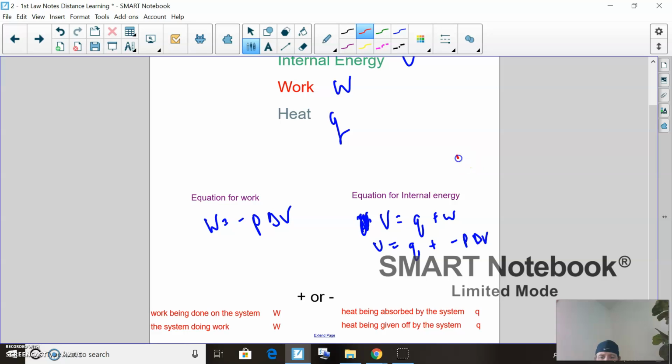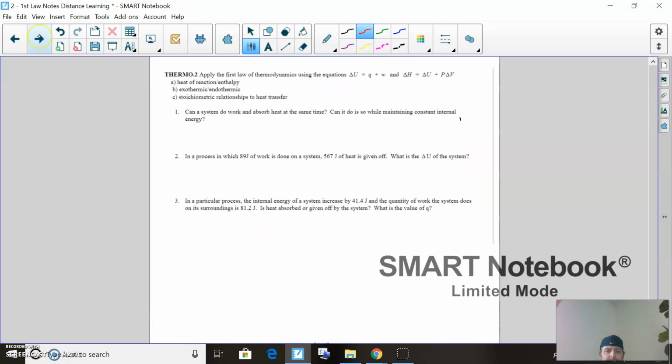So the system has to be closed to be able to figure this out. If it's not closed, we don't care. If work is being done on the system, it's positive. If the system is outputting work, it's negative. If heat is being absorbed by the system, it's positive. If heat is being given off by the system, it's negative.